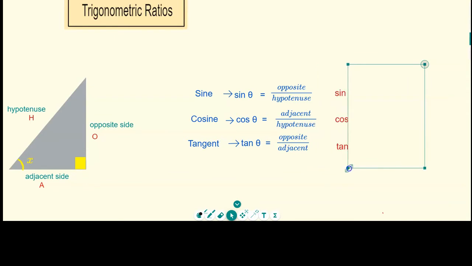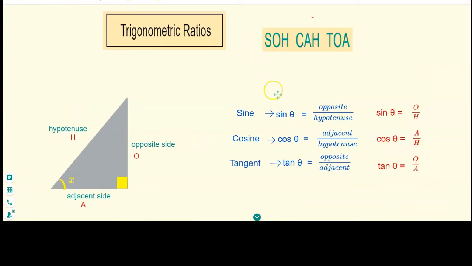In this video, we're going to shorten them further: sin theta is O, opposite, over H, hypotenuse, or O over H, and A over H for cos, and O over A for tan. To make it easier to remember these ratios, we have a mnemonic device to help you: SOHCAHTOA.